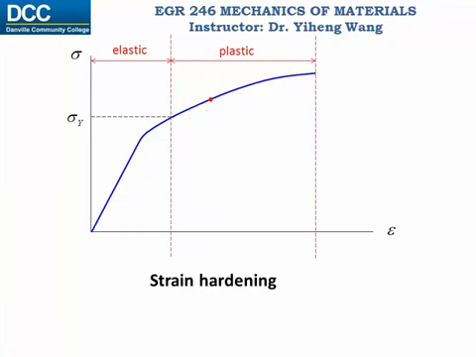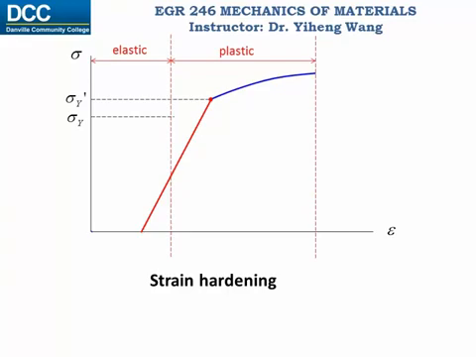When we unload it, it will not follow the original diagram, because keep in mind, there will be deformation that cannot be fully restored, but instead, it will behave this way. And this will permanently change the stress-strain behavior of this material. And this is the new stress-strain diagram for the material. As you can see, the yield stress has indeed been increased.